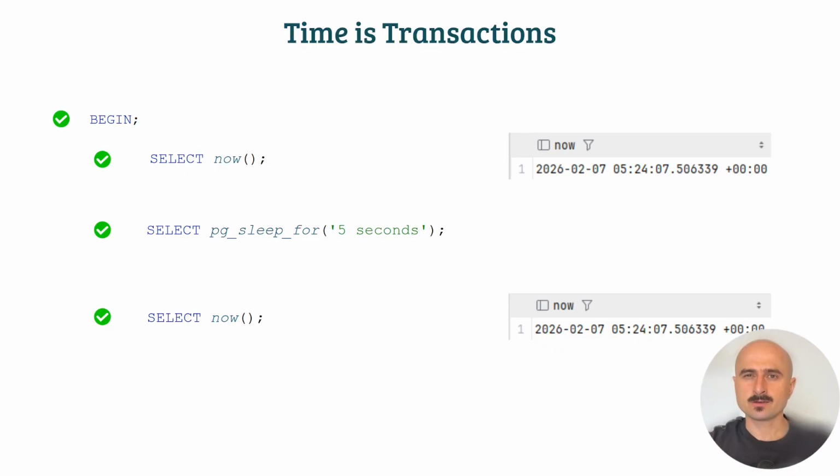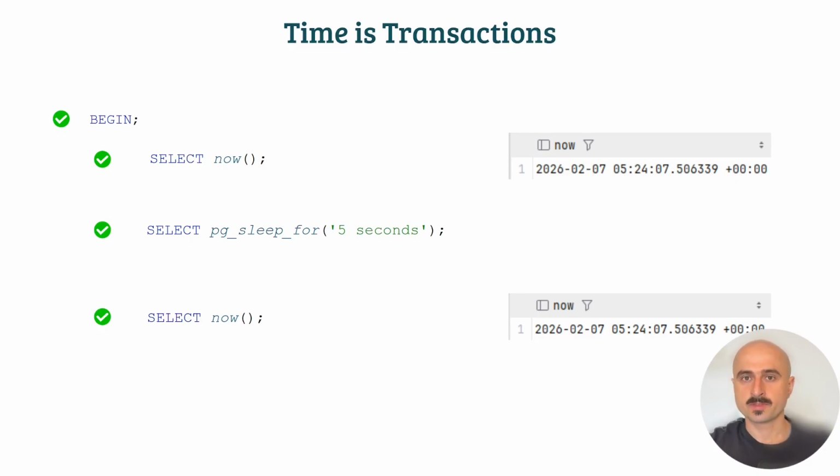But one of the ideas of a transaction is that it takes all the SQL statements that are part of it and glues them together. So it sort of simulates, it makes it look like they are one single thing. Okay?